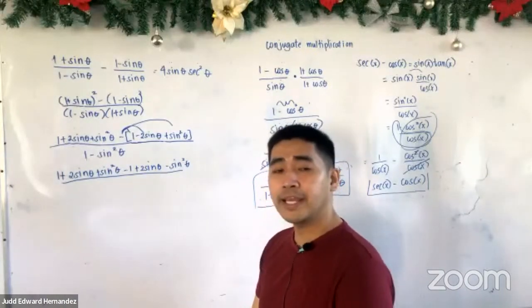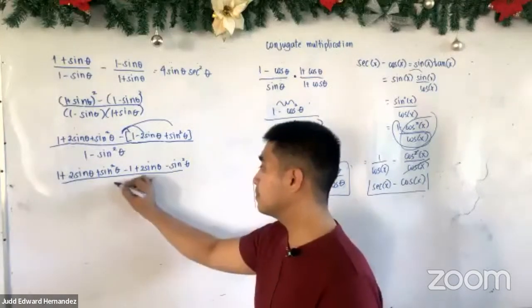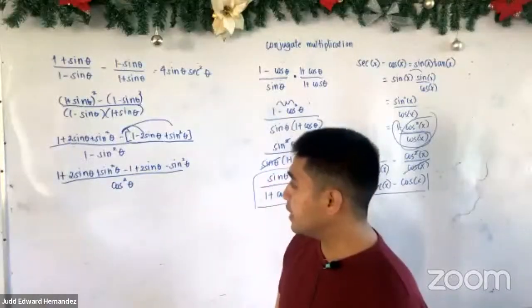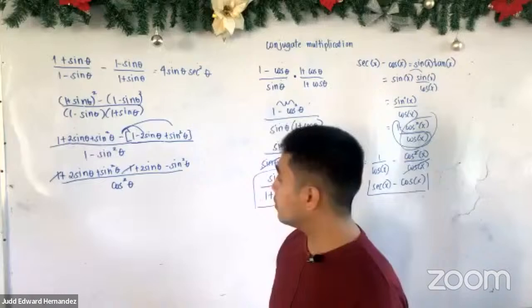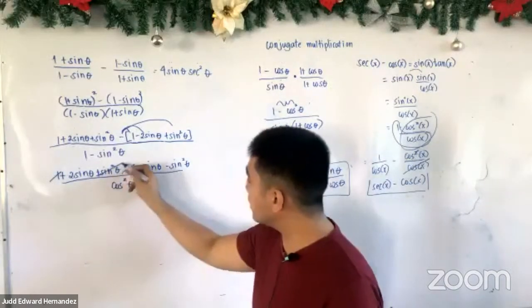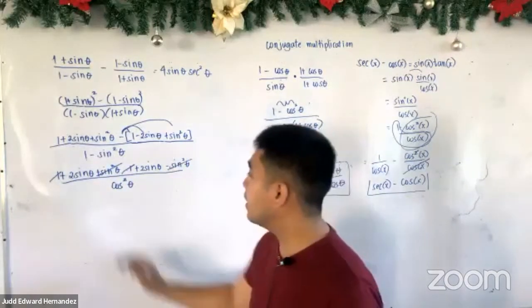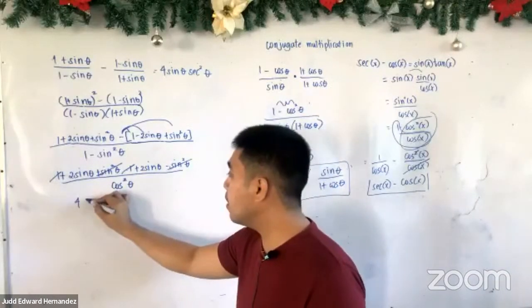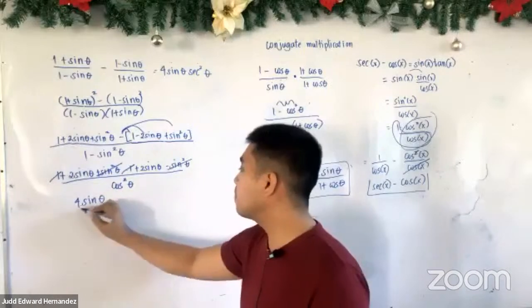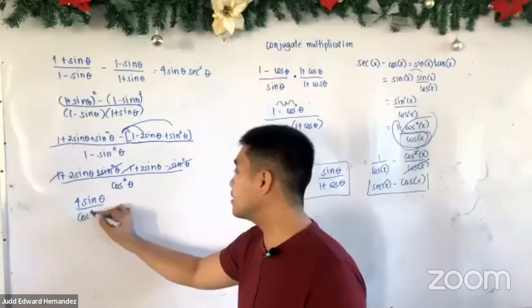And that Pythagorean identity is cosine squared theta. This is plus 1. This is minus 1. Cancel out. This is plus sine squared theta. This is minus sine squared theta. This is 2 sine theta plus 2 sine theta. We'll now be having 4 sine theta over cosine squared theta.